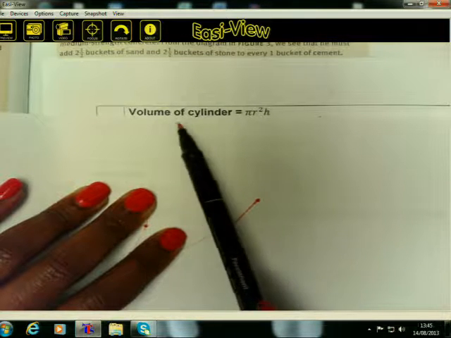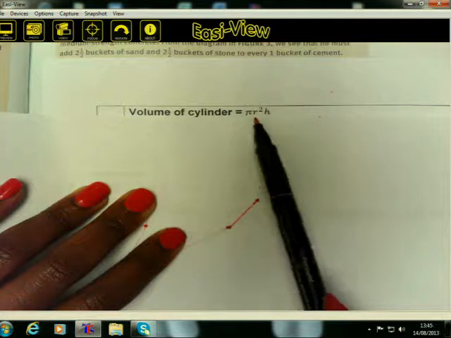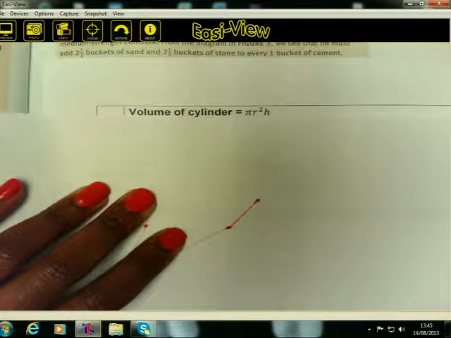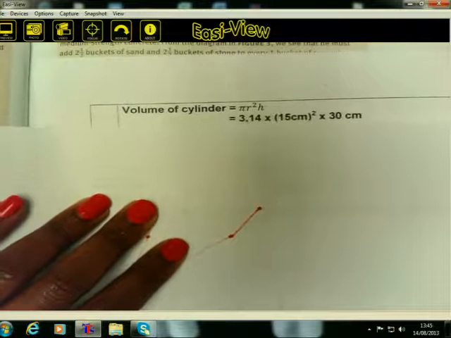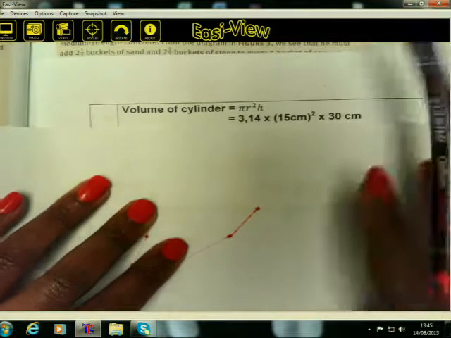But now the formula wants us to substitute the radius, not the diameter. So in a case whereby you are given the diameter but you need the radius, remember grade 12s, you divide that diameter by 2. The diameter that you were given was 30 centimeters, so you divide 30 centimeters by 2 and you get 15 centimeters.